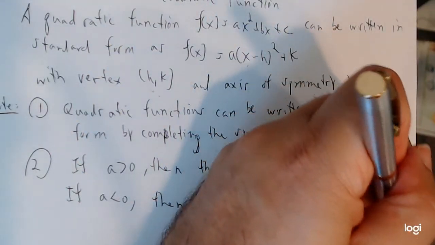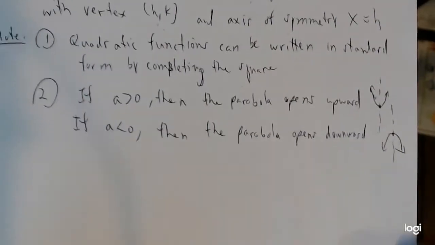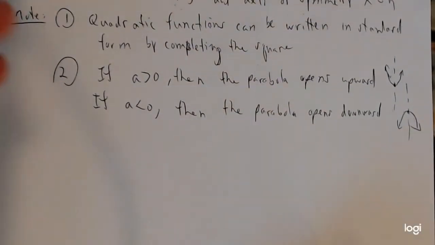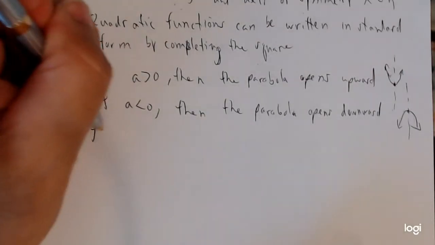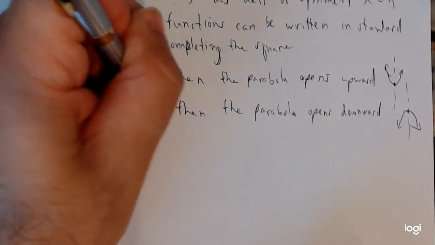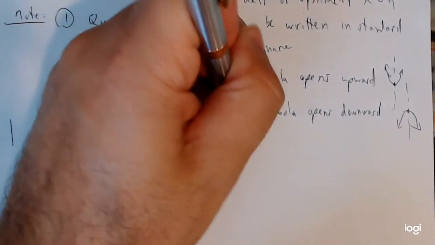And we still have our axis of symmetry here. These are some characteristics for you to remember. So let's look at our first example where we'll put this to use. For example 1, let f(x) = −3x² + 12x − 13.